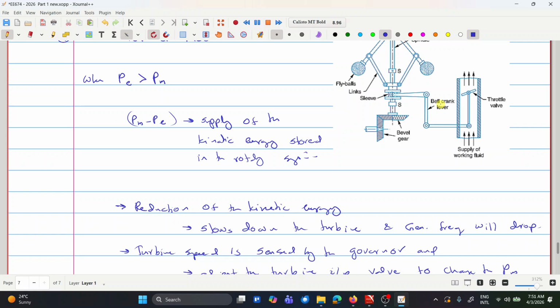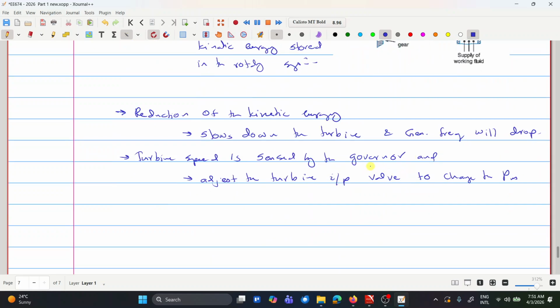So it will adjust the valve so that the mechanical power input to the generator will be increased.